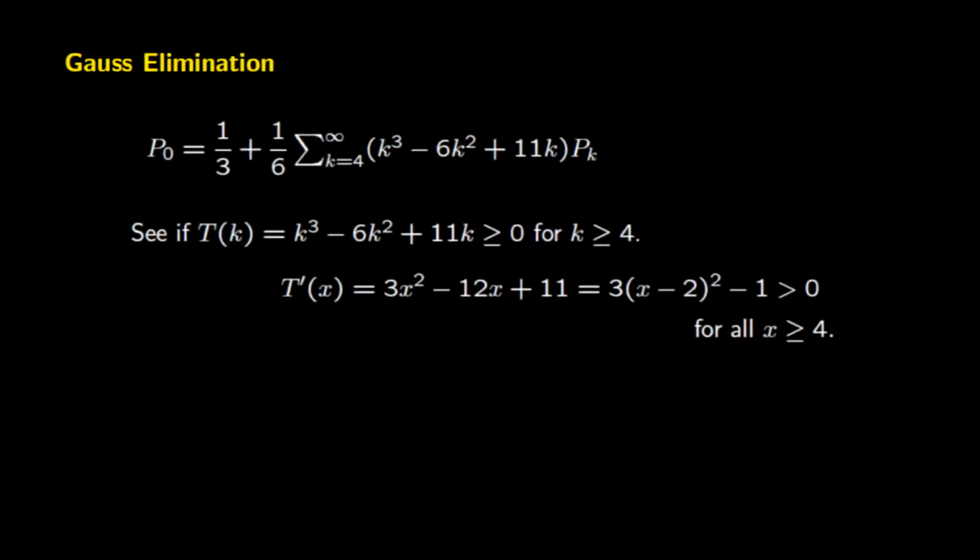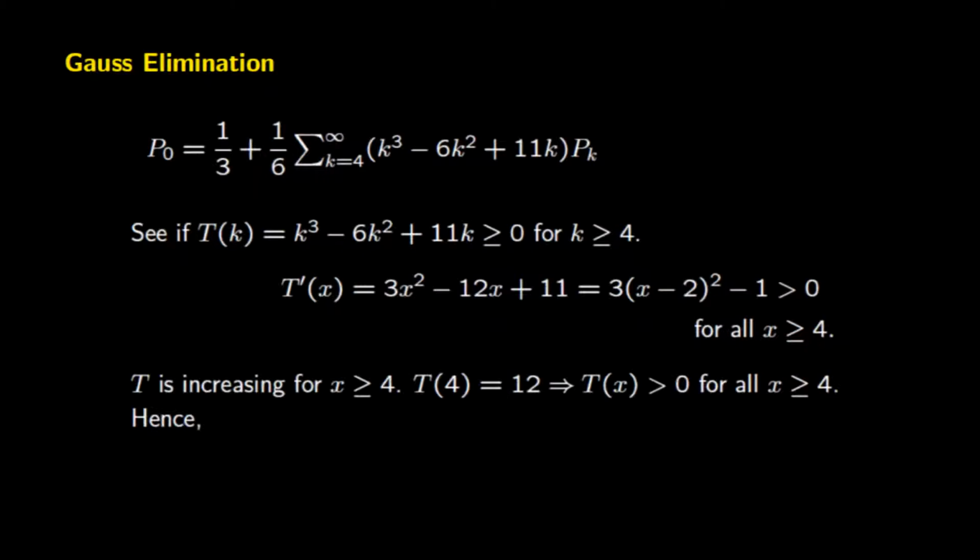The derivative of that polynomial is simplified to 3 times (k minus 2) squared minus 1. Since k is greater than or equal to 4, the derivative values are positive for such k values. Thus the polynomial t(k) is increasing. Notice that t(4) is 12.